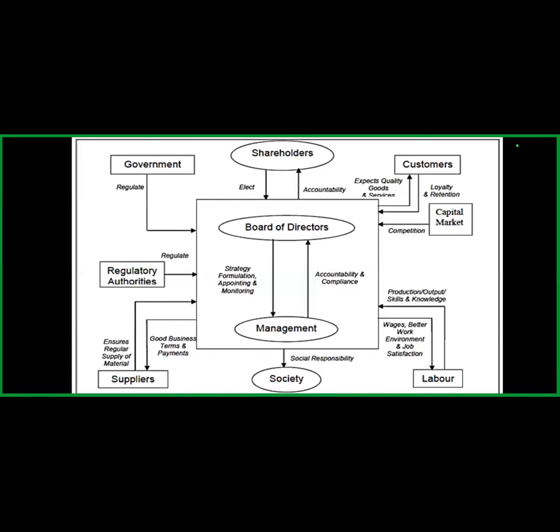How many employees are there, how much amount has been deducted from their salary, what is the total contribution of the employee, what is the total contribution of the organization, that is to be mentioned in that particular form. That form is to be signed by the senior official, duly stamped, and then submitted.